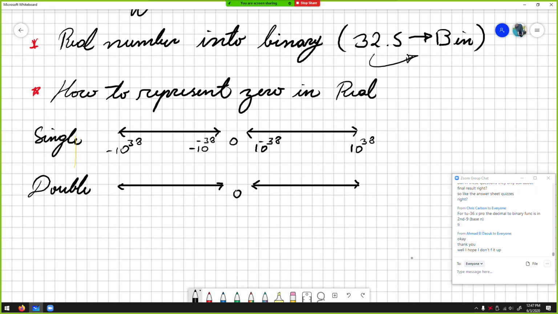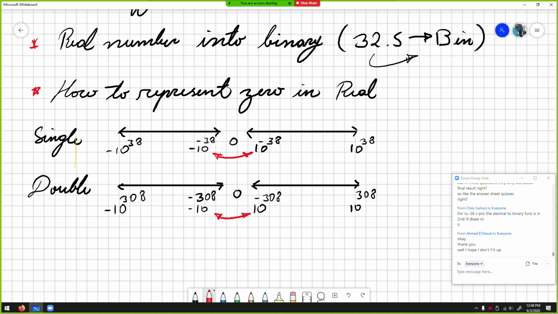Then for double precision, I'm going to have 10 to the negative 308 and 10 to the 308. And over here, I'm going to have negative 10 to the negative 308 and negative 10 to the 308. So how do I represent 0? I represent it as an approximation. It's any value between these two for single precision, or between these two.